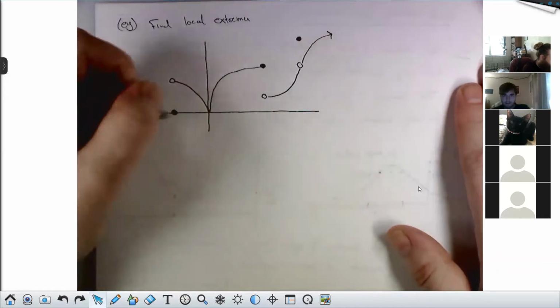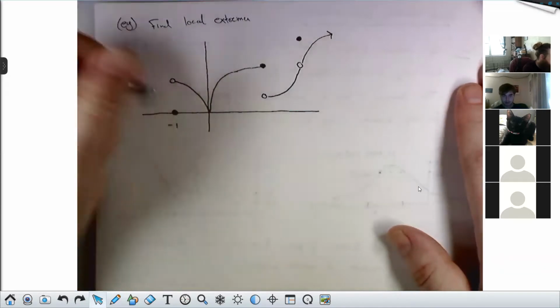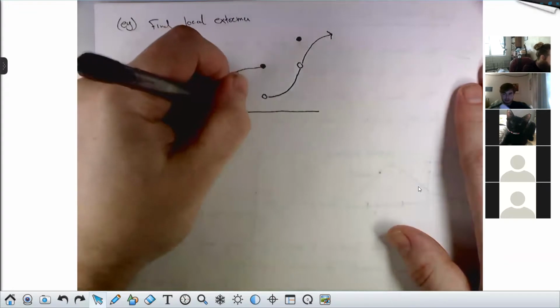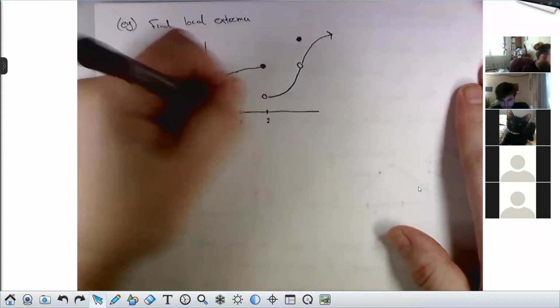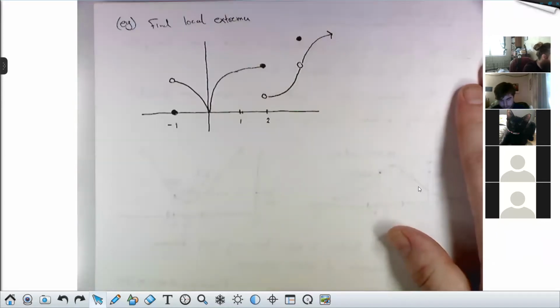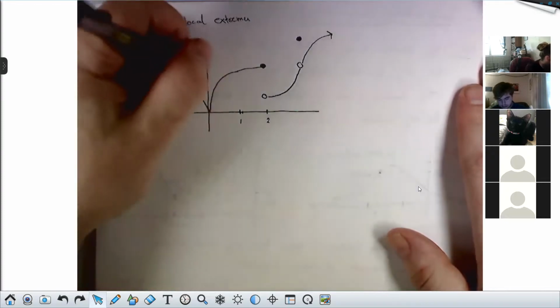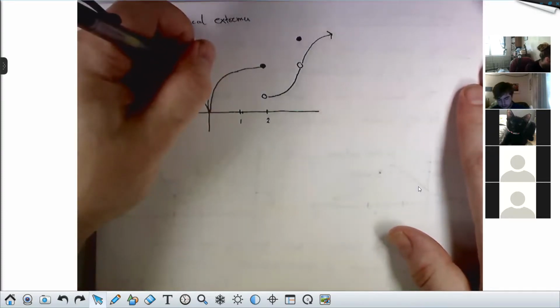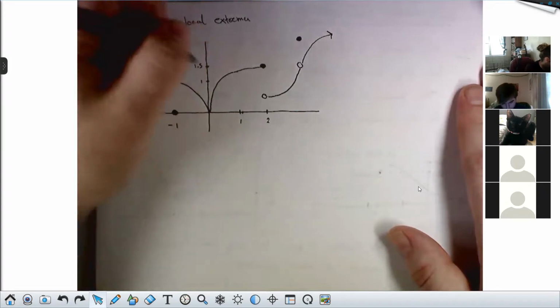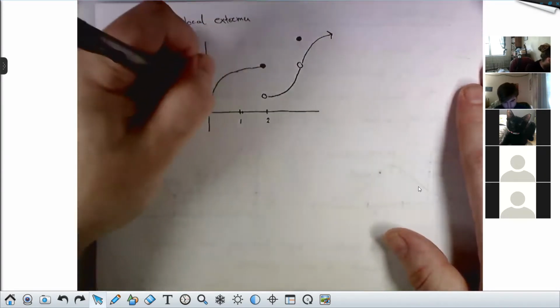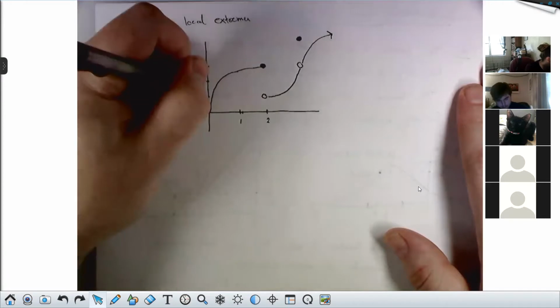So I'll call this -1. Here's 1, here's 2. And y values. Let's see. Okay, I meant for those to be at the same y value, but all this up here is 1.5. All this right down here, 0.5.